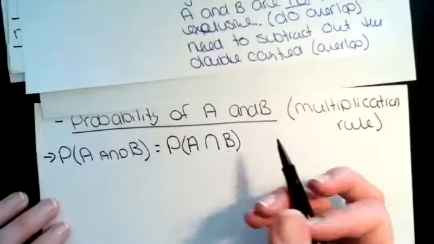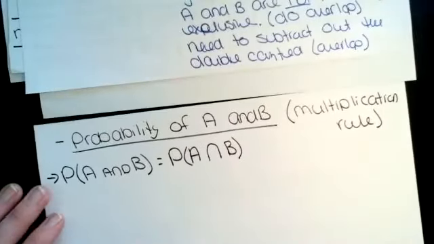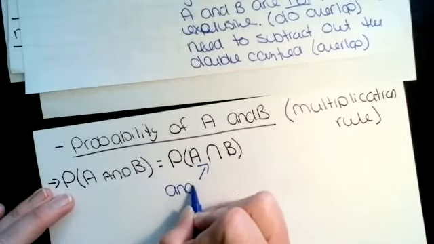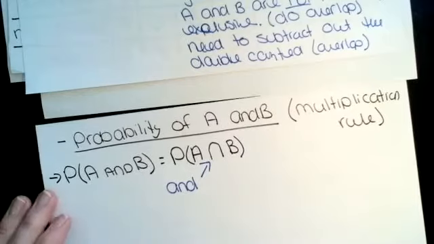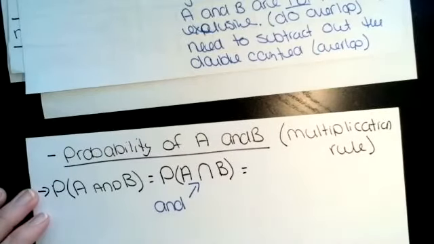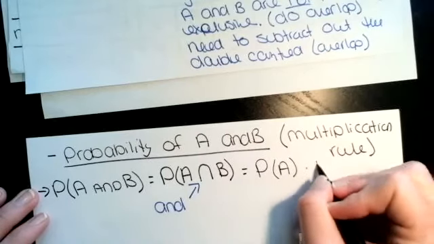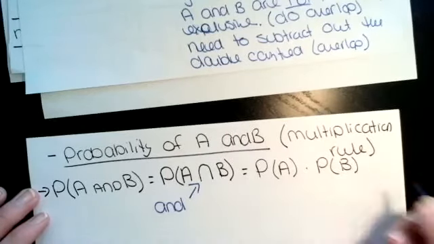This means and. And for my special case here, it's just multiplication: the probability of A times the probability of B.